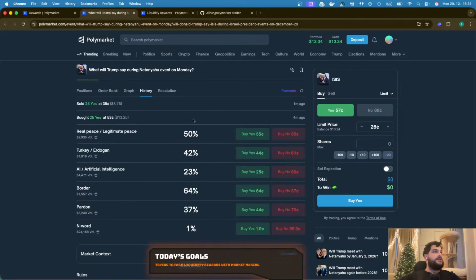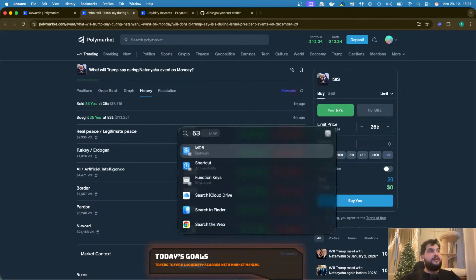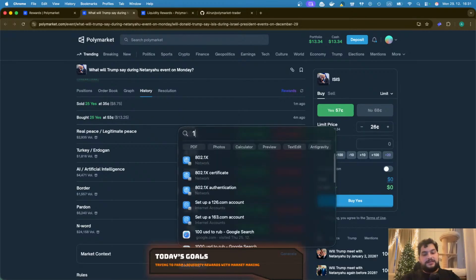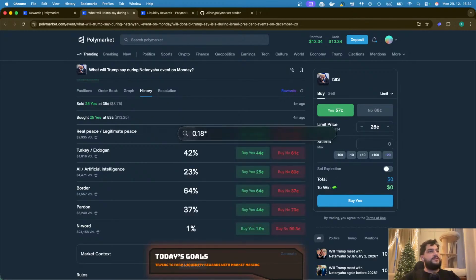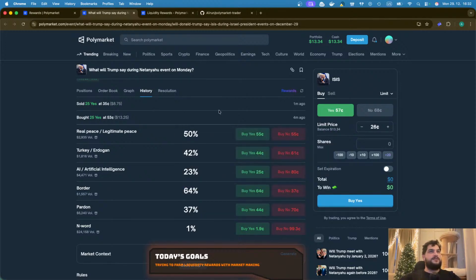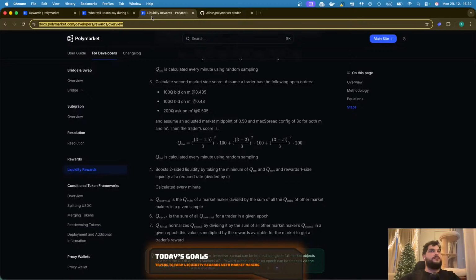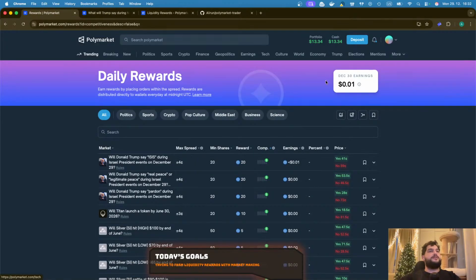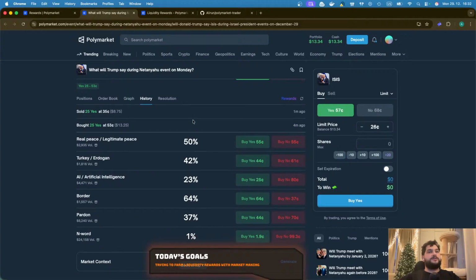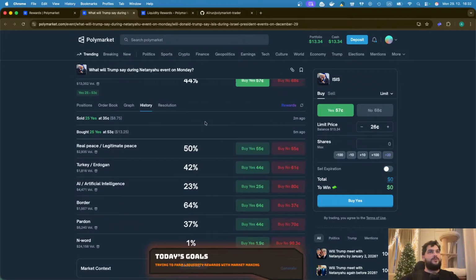Or to calculate exactly, it's 53 minus 35, 18 cents times 25 shares. So we lost $4.5 to get 1 cent in rewards. Very cool P&L ratio. But this is just the beginning, and this is why we're here, to figure out how to not do this.